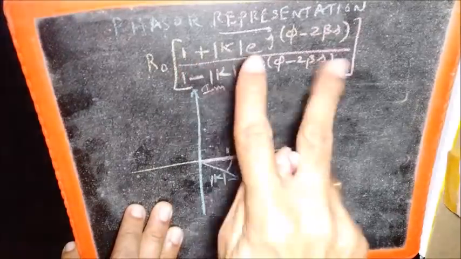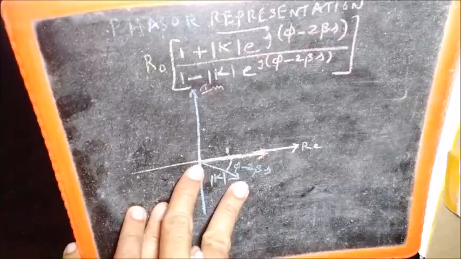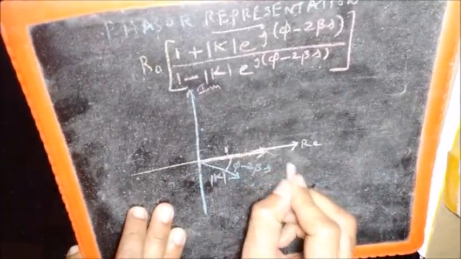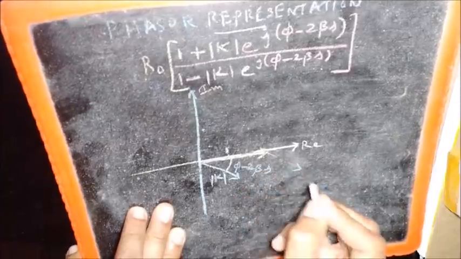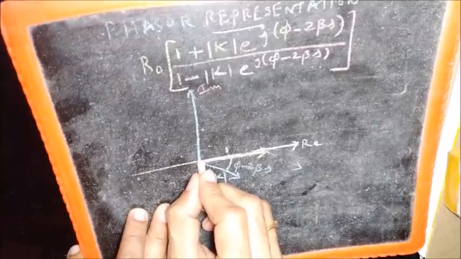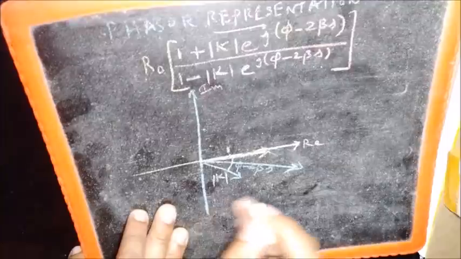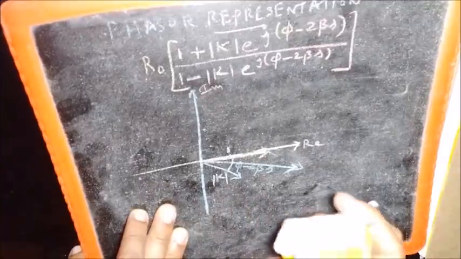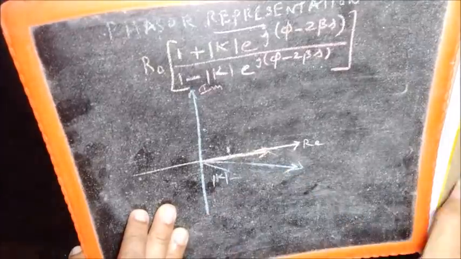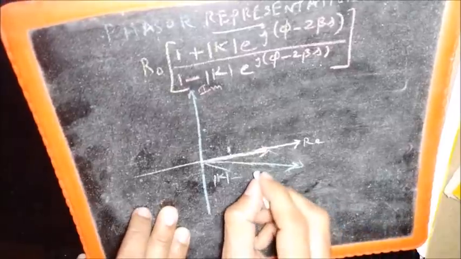So you can see here it is 1 plus this. 1 I have already plotted here, and this is the second phasor which I have here. Now the sum of the two will be, you should be knowing how to add phasors, this. This will be the sum of the two. I will just wipe this angle now, otherwise there will be too many things in that small space.